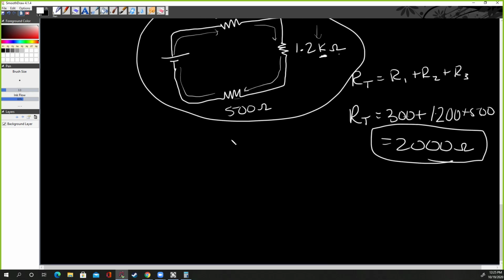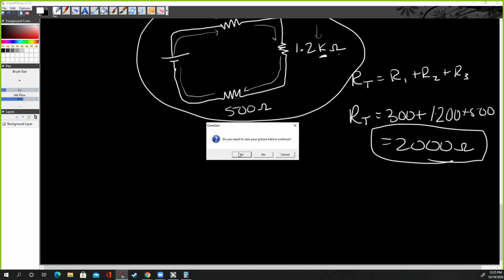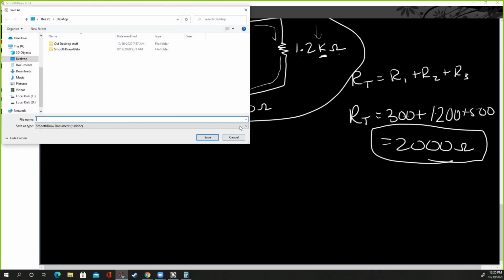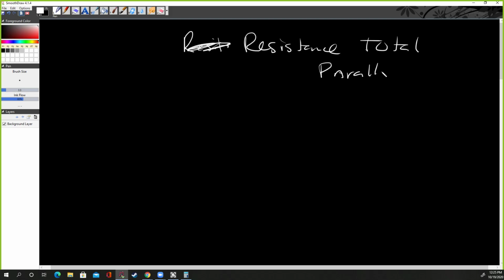Here's the harder one. Resistance total for parallel circuits.